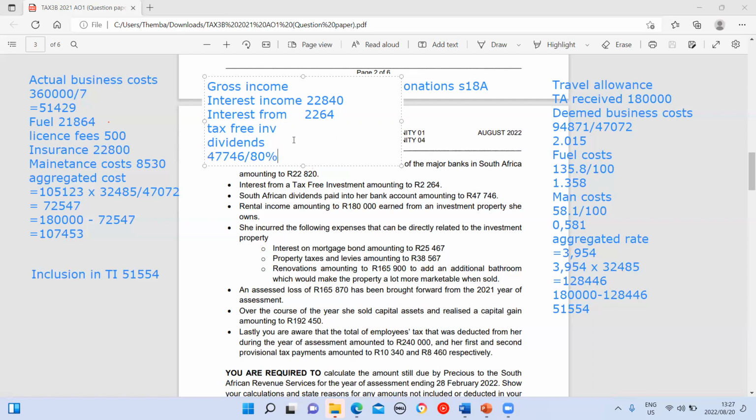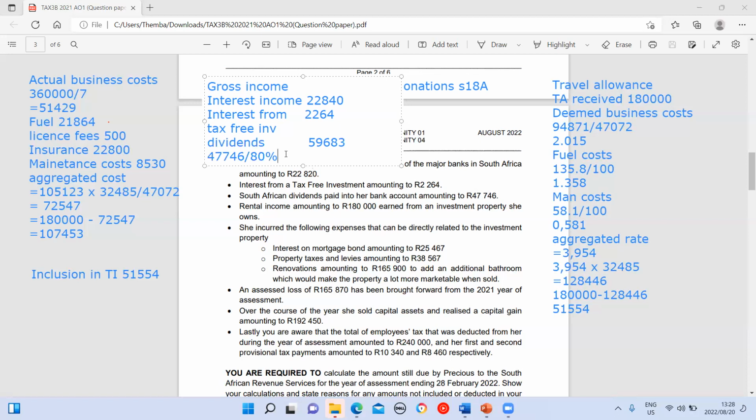Then your answer will be 59,683. So that will be your answer for your dividends.